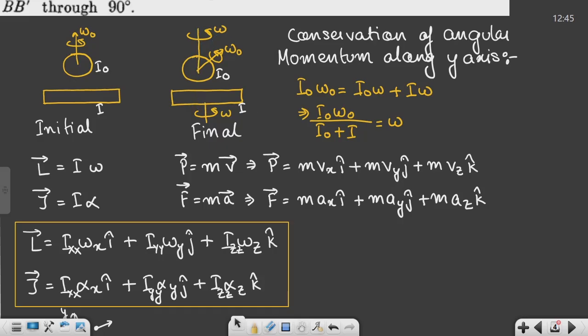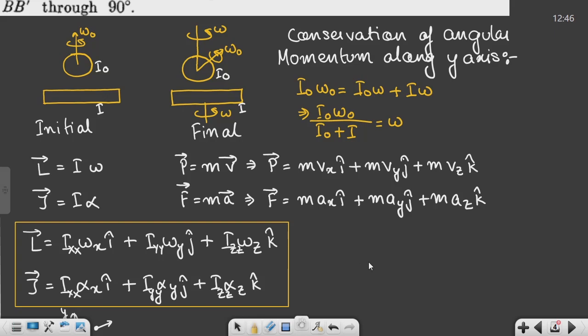Fair and fine. But how do you know the moment of inertia through this axis is also I naught? This is a sphere, and for a sphere, if I take the center as this one, moment of inertia through y-axis would be same as through x-axis, same as through z-axis. That means moment of inertia through any axis passing through the center is the same, which is nothing but 2 by 5 m r square.